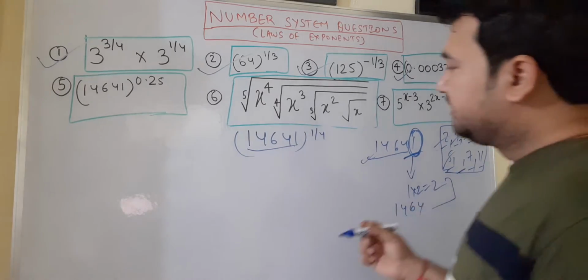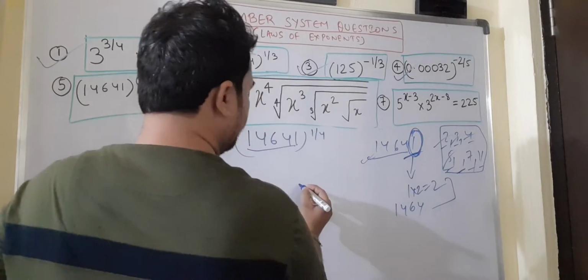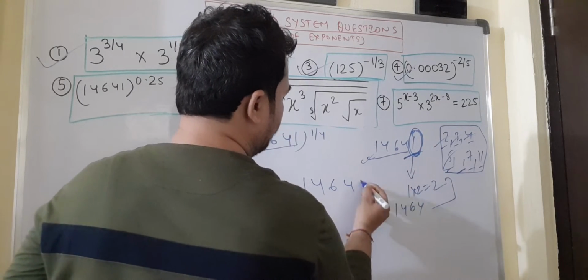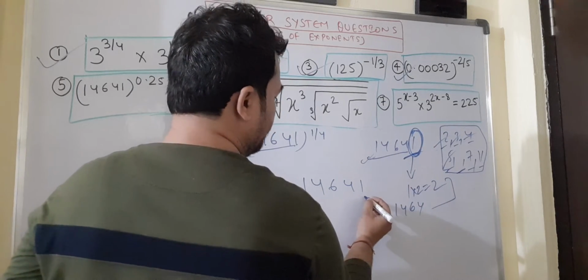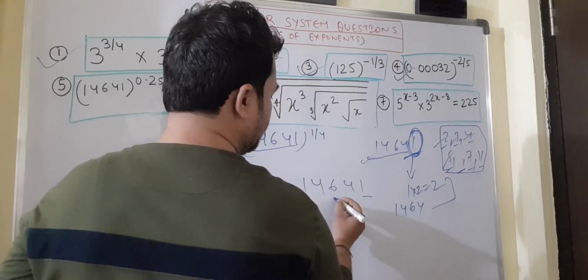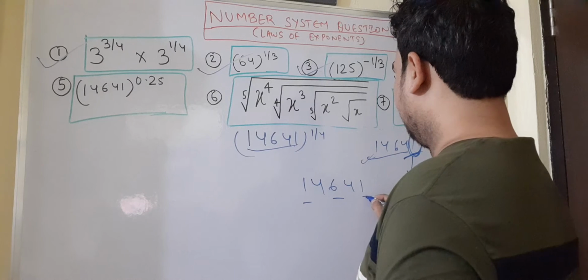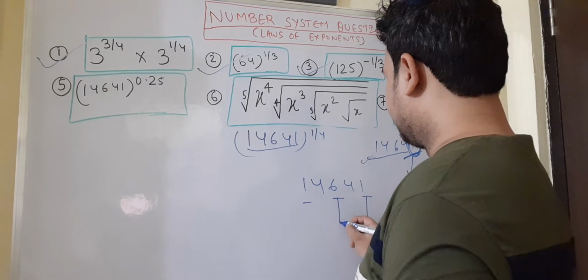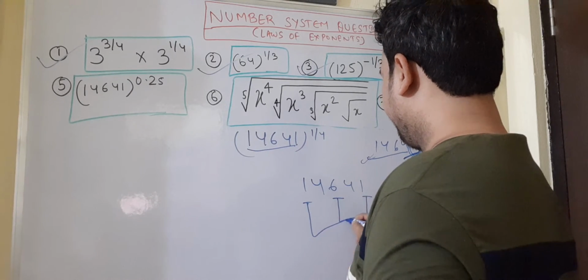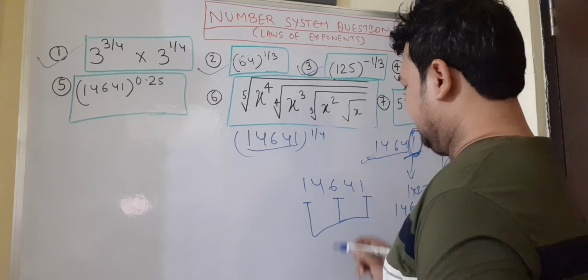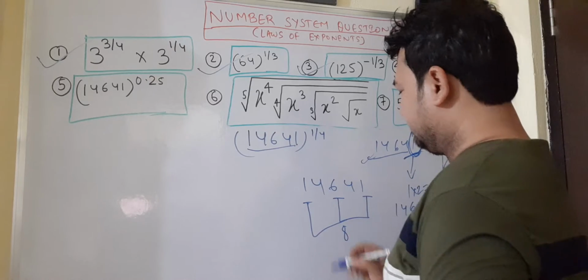Next is 11. The divisibility test for 11 says if there is a number, suppose take this number for example, take all the numbers at the odd places and even places. This is 1, this is 6 and this is 1. Add them, what do you get? 1 plus 6 plus 1, it is 8.